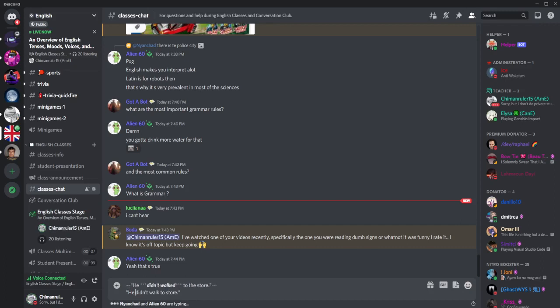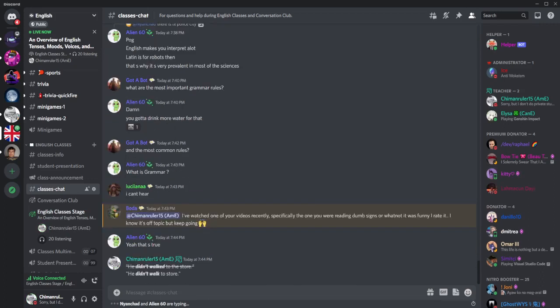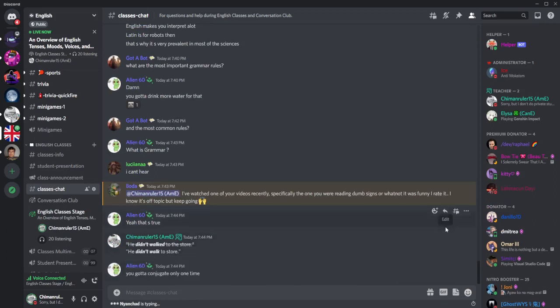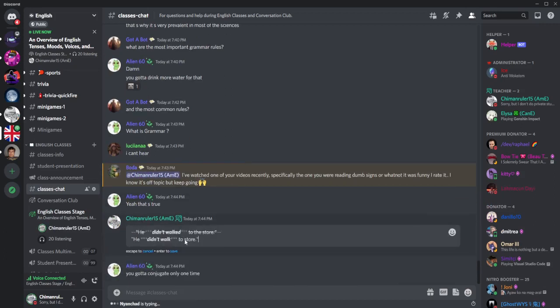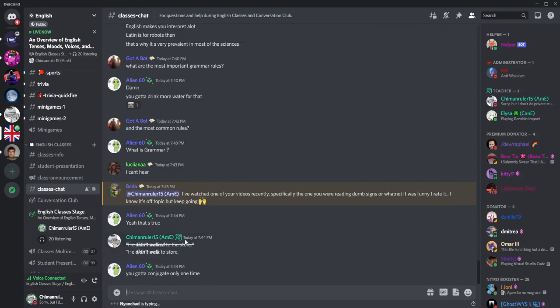And of course, there's also the, oh, I meant to put an article there. My bad. Yeah, you conjugate only once. The first verb in the verb phrase is the only one that gets conjugated. And it technically works the same way in Spanish, but the issue is that in Spanish you don't really use an auxiliary verb to express the past tense.